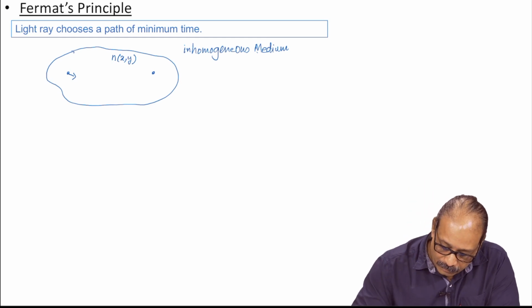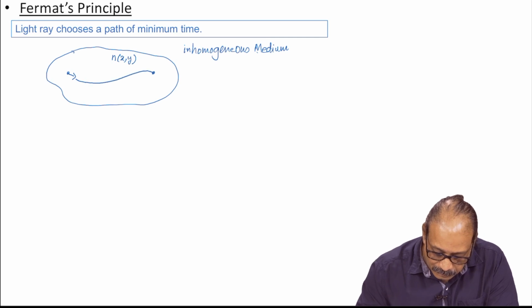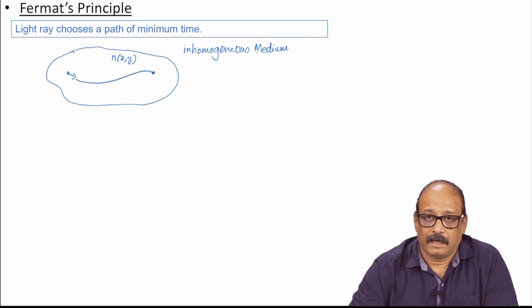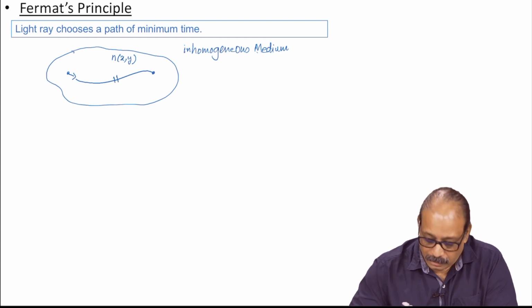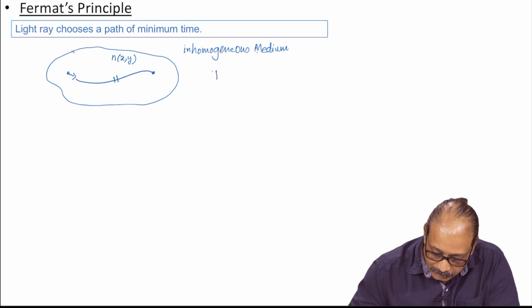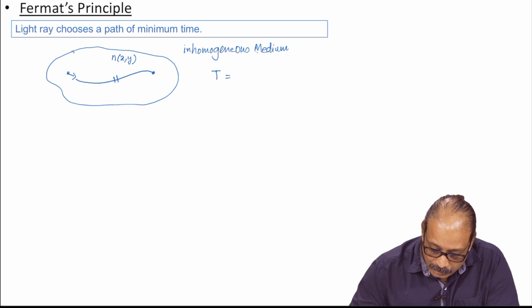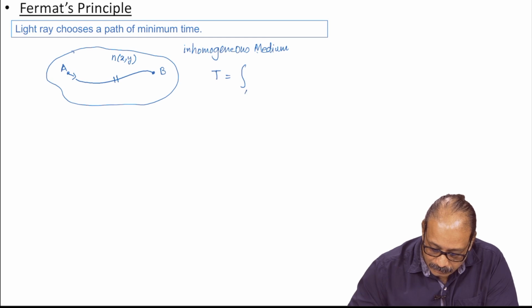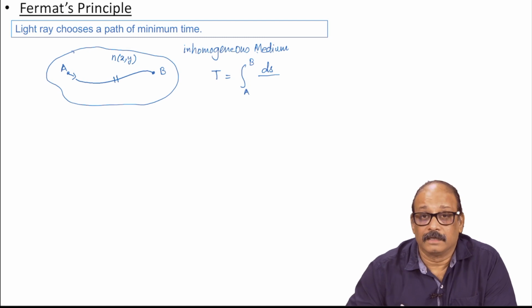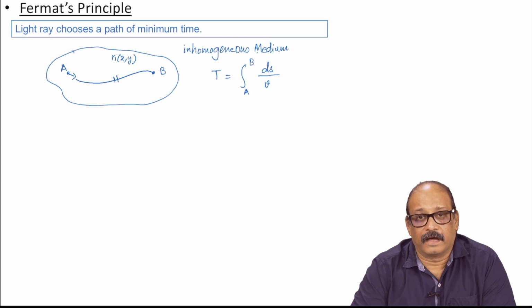Okay. So, what we want to calculate is, first of all, you take any arbitrary path between these 2 points and look at the small length element at some point, and your total time taken for this path is the integral from point A to point B of the small line segment divided by the velocity of light at that point.